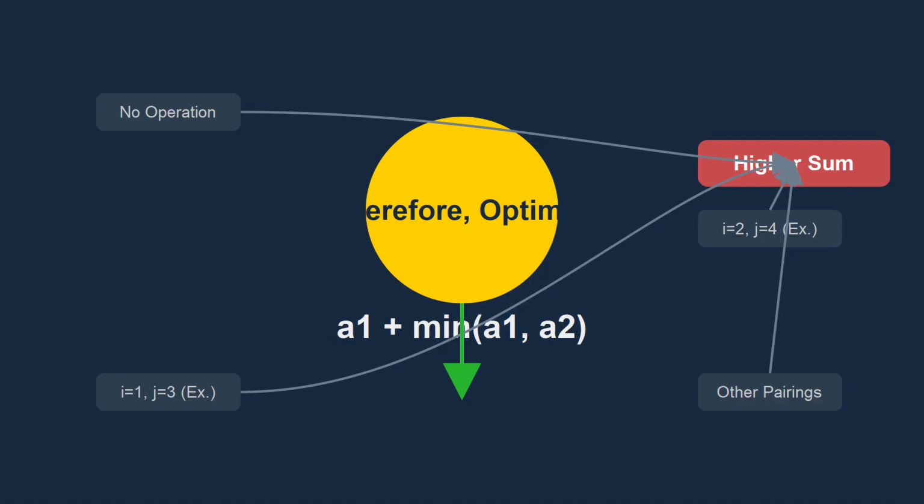So, we keep a1 and a2 as they are for the first two terms, and achieve zeros for P3 onwards by setting a3 equals 0 via i equals 2, j equals 3. Any other operation, or not performing an operation at all, would lead to a sum that is greater than or equal to this minimal value, as we have optimally minimized the critical first two terms and made all subsequent terms 0 as early as possible.